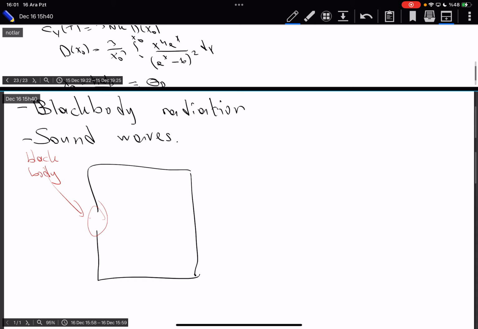Okay. Now, theoretically, we will look at the statistics using the math tools that we have developed. Photon gas? Well, one picture is a photon gas. Electromagnetic waves. Another picture is the EM waves. Well, let's look at the electromagnetic waves.